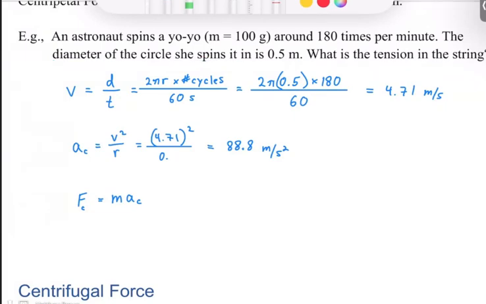So yeah, that means this should have been 0.25, which I did actually use before when I worked out that number. Just looking at it now, I just glossed over it. And so we can still use that number. We have a mass of 100 grams, and 100 grams is just 0.1 kilograms times 88.8, which means the force being applied here is 8.88 newtons toward the center.